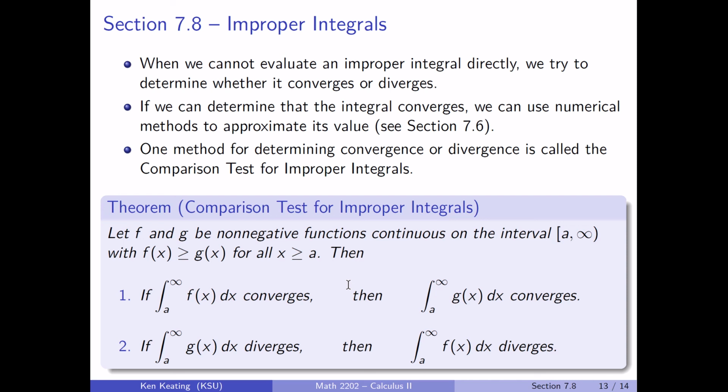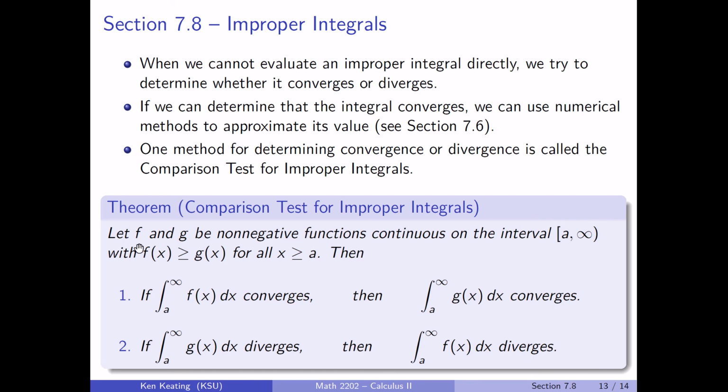Notice there are times where it's not going to work. If I know, for example, that the integral of g converges, that means this integral is a number. Well, the integral of f might be a number or it might be infinity, because infinity is bigger than 6. So there's no guarantee; if this converges, it doesn't tell me anything about f. If it diverges, then I know the integral of f diverges.